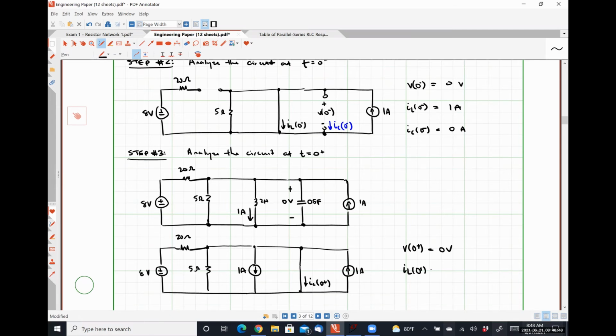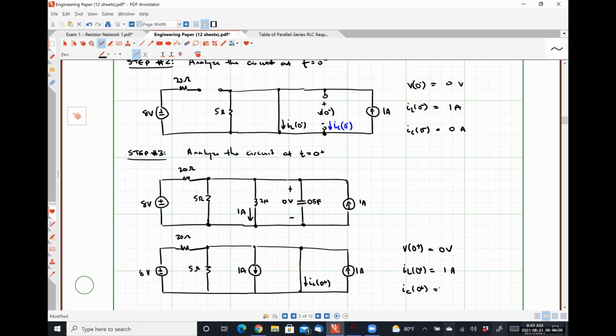IL at 0 plus has to be 1 amp, because the current flowing through my inductor cannot change abruptly. And so now I need to figure out what IC is at t is equal to 0 plus.